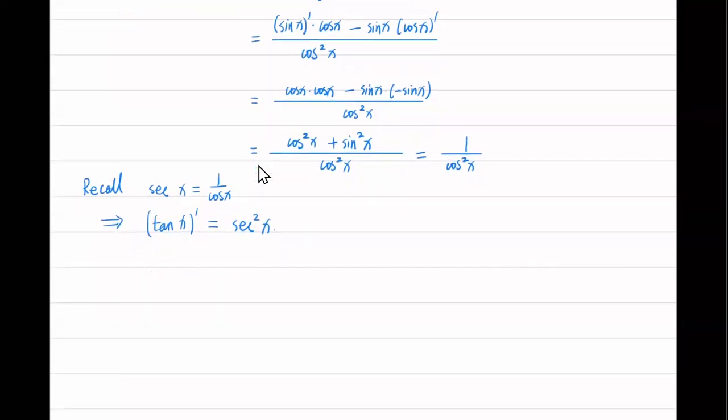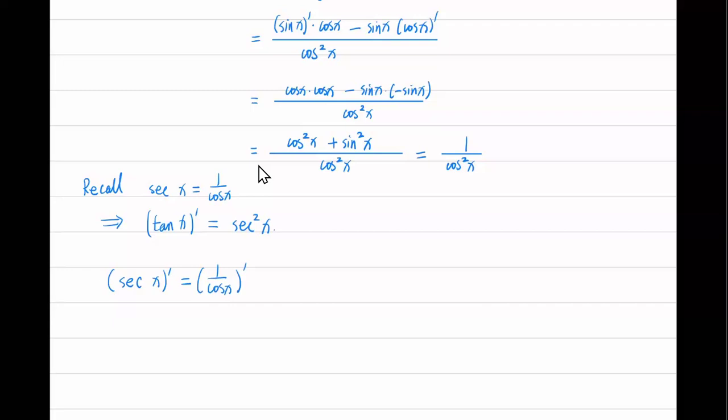Okay, we mentioned this secant, 1 over cosine. Let's find the derivative of secant x. Okay, it's 1 over cosine x.